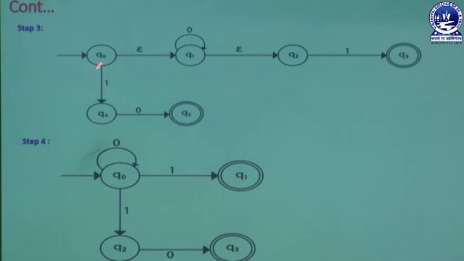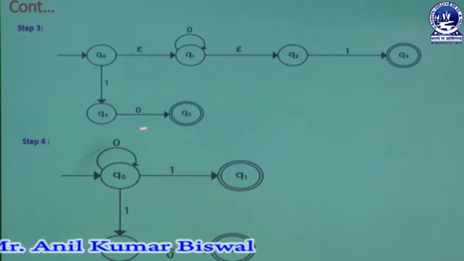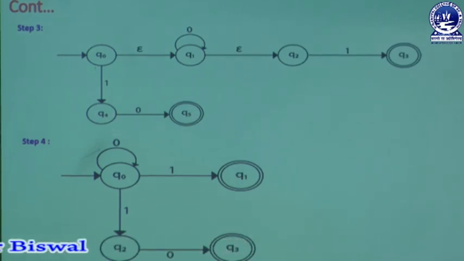Similarly, Q0 taking input symbol 1 gives Q4, and Q4 taking input symbol 0 gives Q5. So we get this kind of diagram in step 3. In step 4 we generally get this type of diagram, where the above diagram is combined, or we need to remove this kind of epsilon moves.